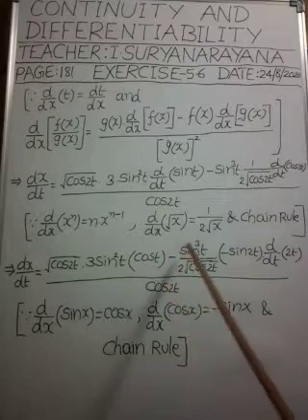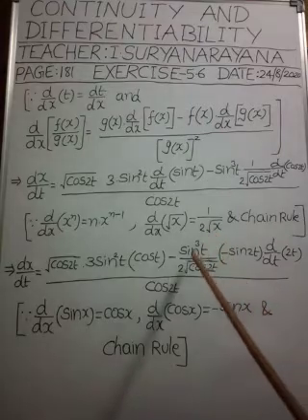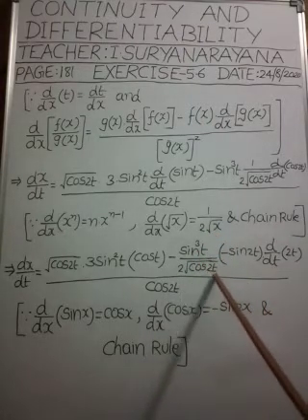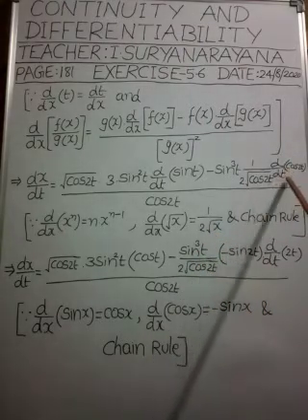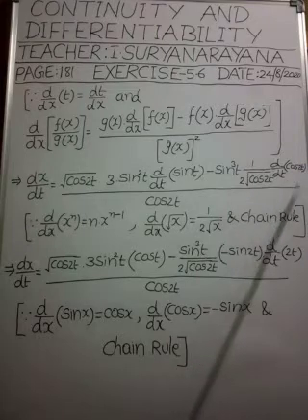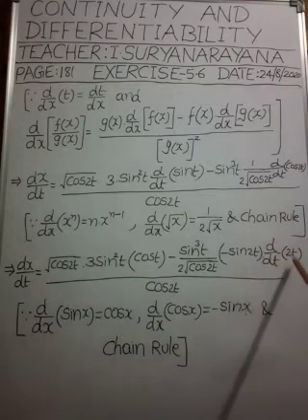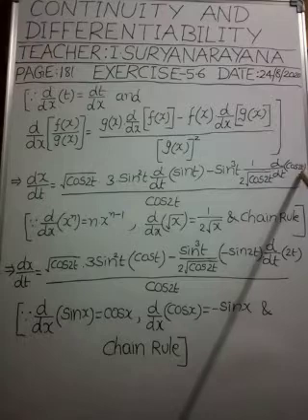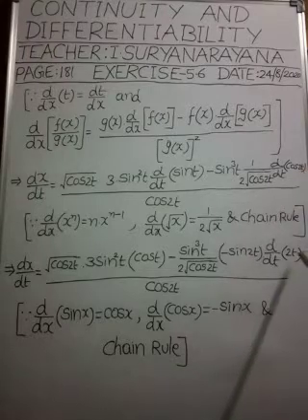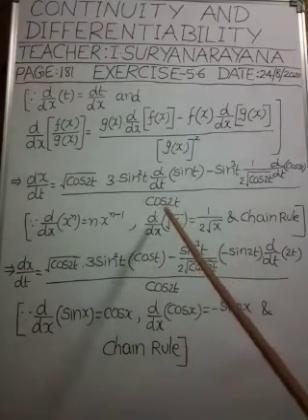Minus, by simplifying this part we get sin cube t by 2 root cos 2t into d by dt of cos 2t. It is in the form of d by dx of cos x. Assume this part 2t as x in your mind. So minus sin 2t into d by dt of 2t, because we assume 2t as x in our mind. So we are differentiating that also. Whole divided by cos 2t.